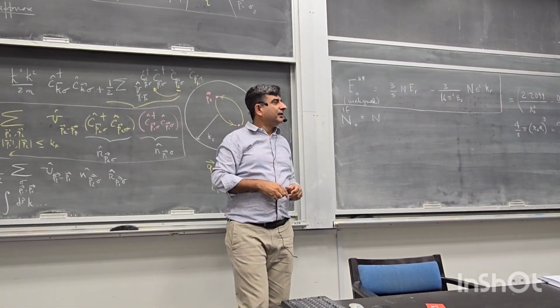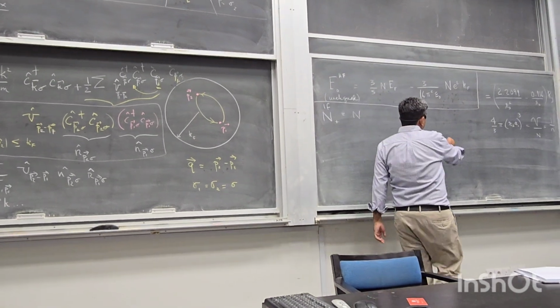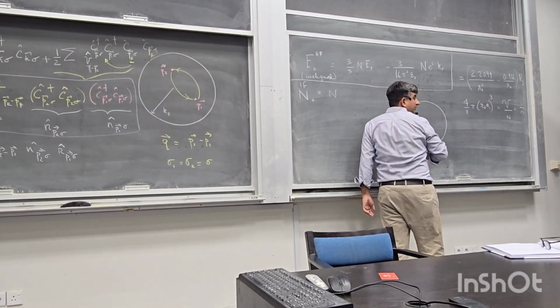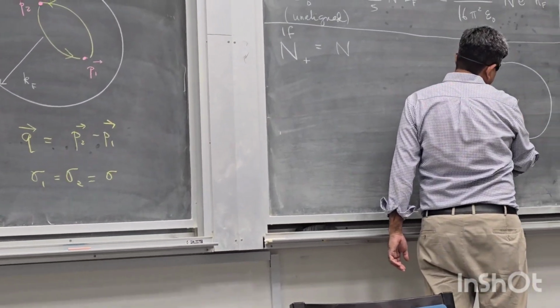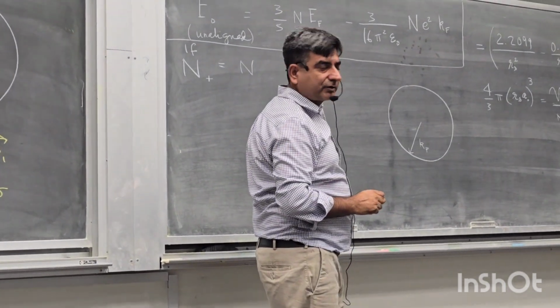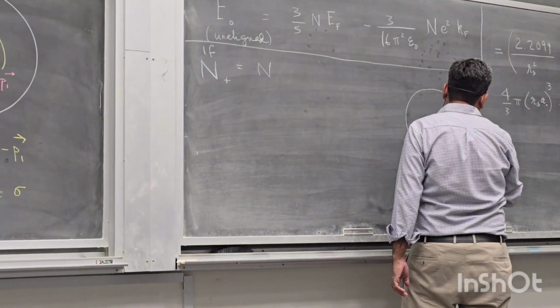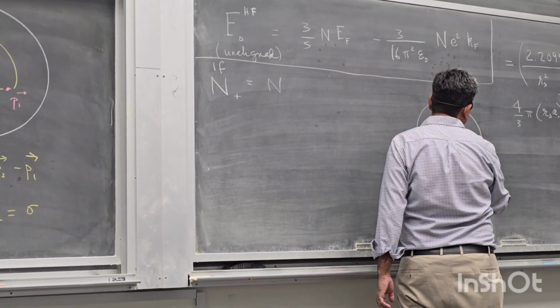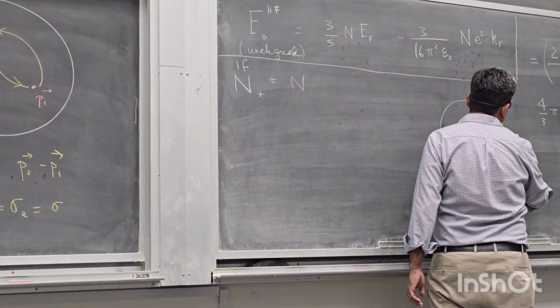How much beyond? If I draw a cross section of the Fermi volume, it's a sphere. This is kF for the anti-aligned spins or paired spins, right?